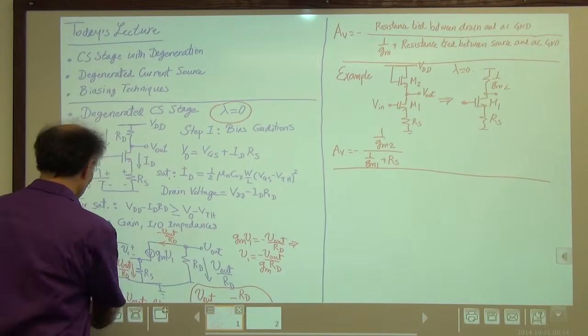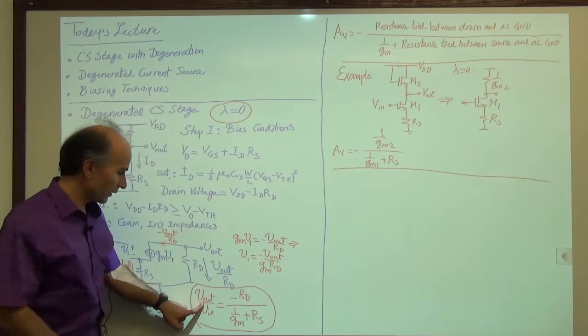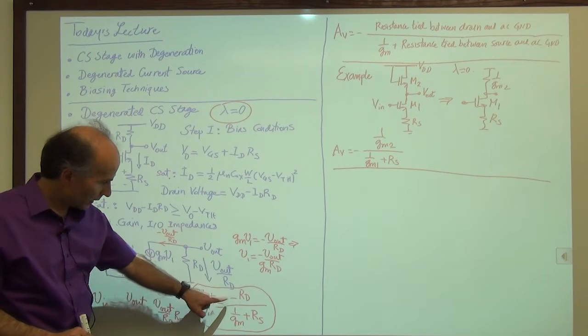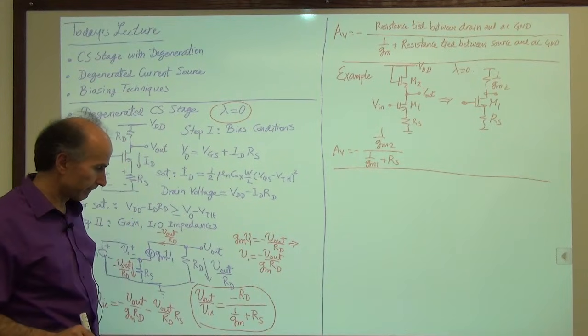Okay, so what we see here is that the voltage gain of the common source stage with degeneration is equal to minus RD over 1 over GM plus RS.